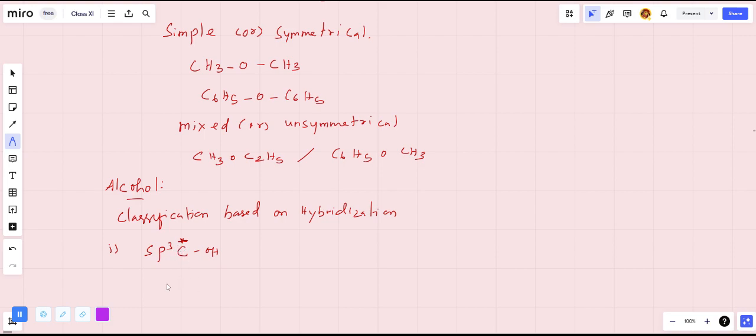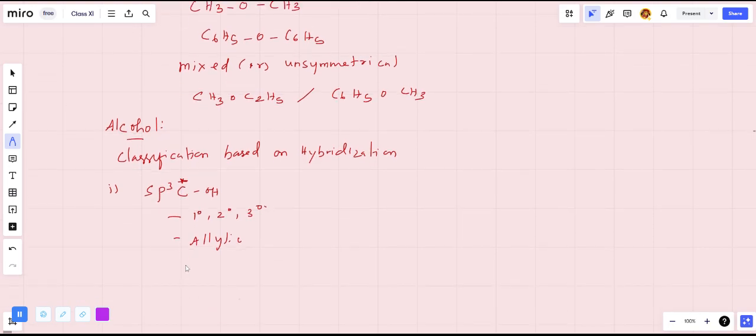Under this there is further classification: it may be primary, secondary or tertiary, then allylic. You are familiar with allylic and benzylic, no? In the first lesson itself we learned this. So this is the first classification.